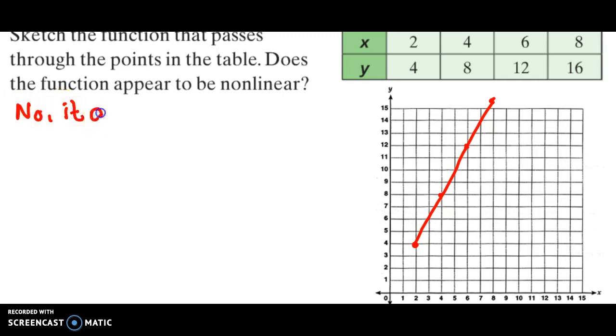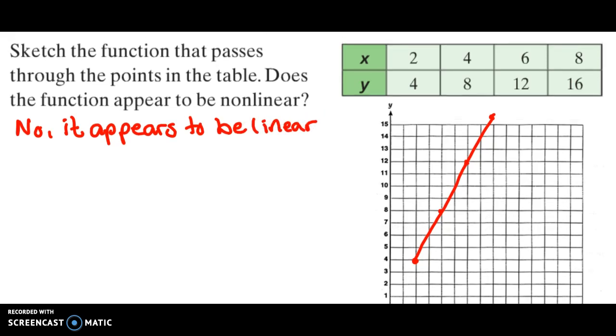It appears to be linear. Now, the problem is I don't always have graph paper with me. So is there another way I can determine if this table is linear? And that is yes. To determine if a table is linear, you want to look at how the y is changing each time over the x.